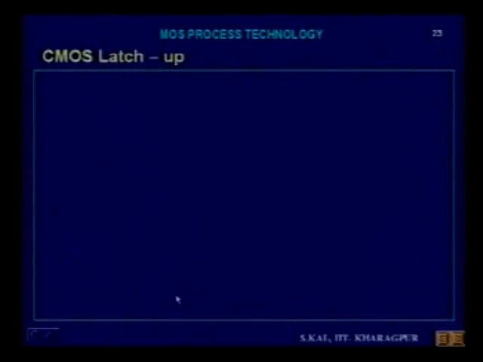Now, in the next step, I will address some problem which is known as the CMOS latch-up effect. This is a severe problem in VLSI CMOS technology. How to prevent the latch-up? Before that, let me spend some time on the latch-up phenomenon. What is latch-up?